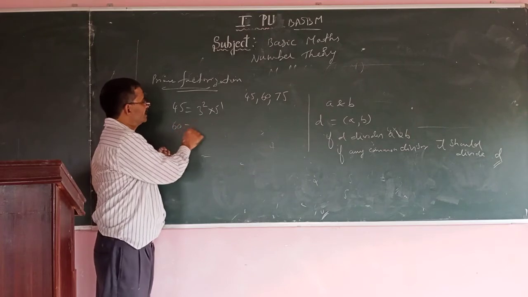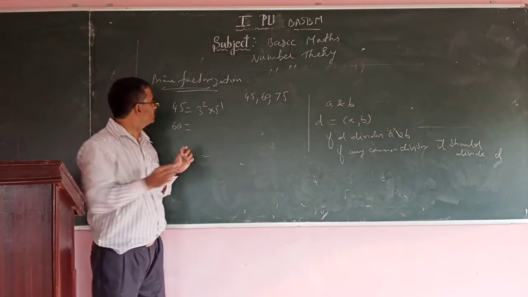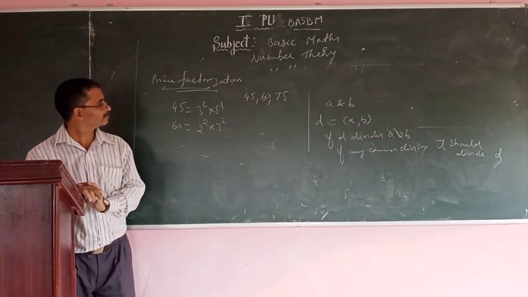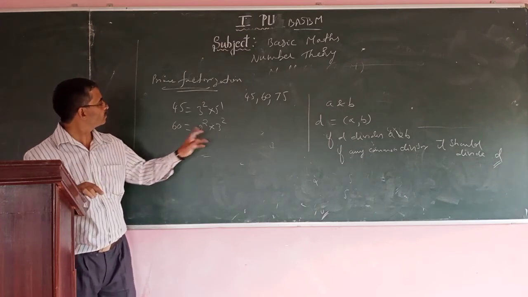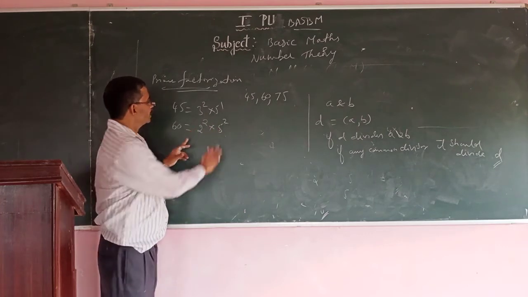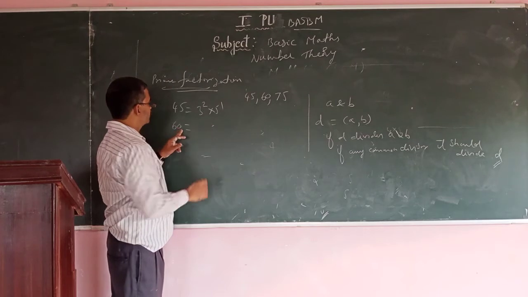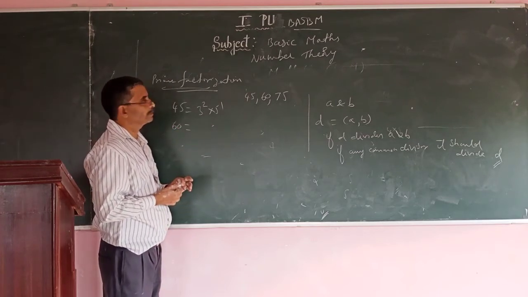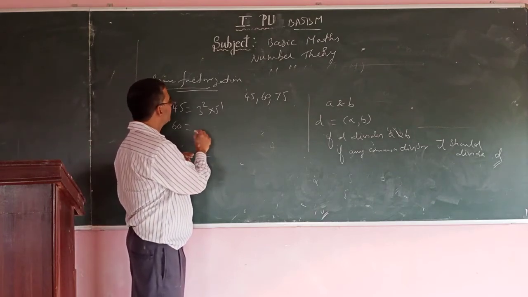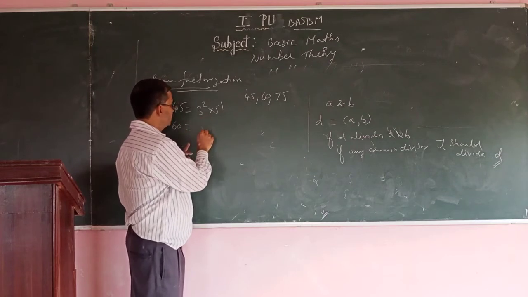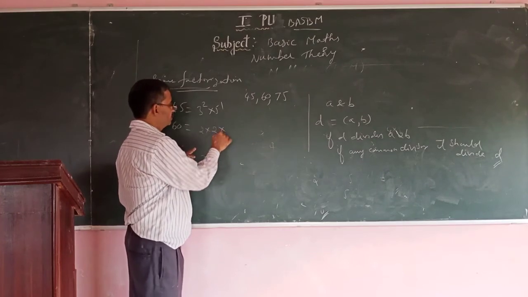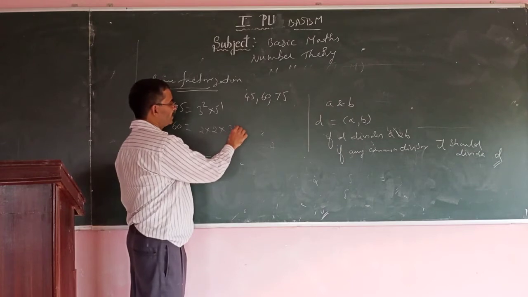What about 60? 60 is 15 into 4. So 2 square into... let us check. 60 is 2 into 3, 6, into 2 into 2, 4 into 15, 3 into 5.